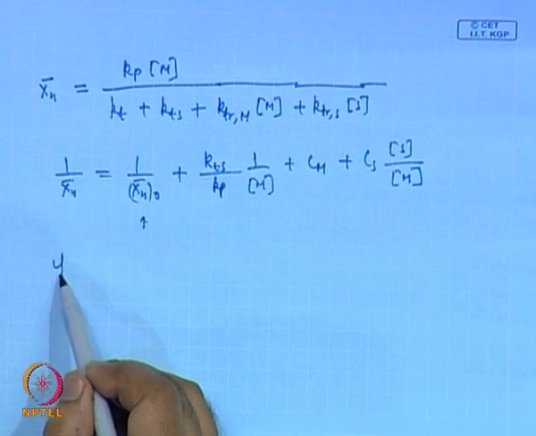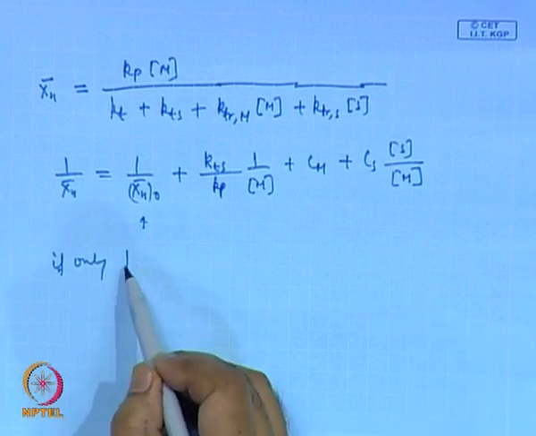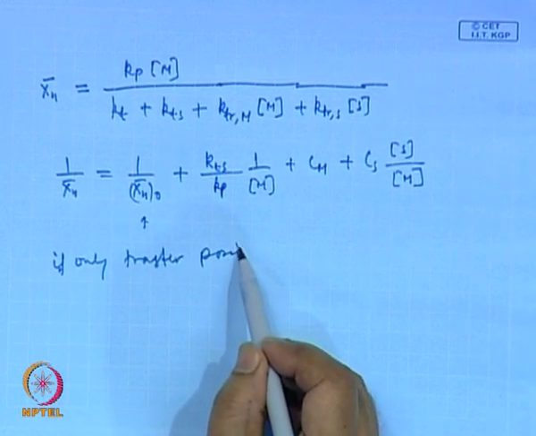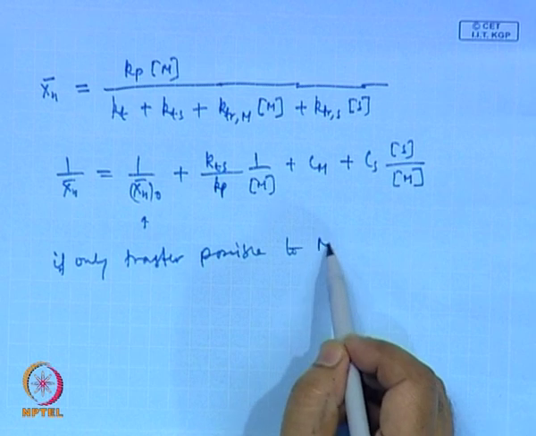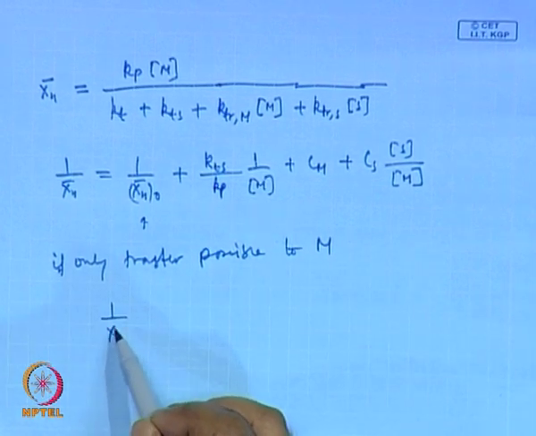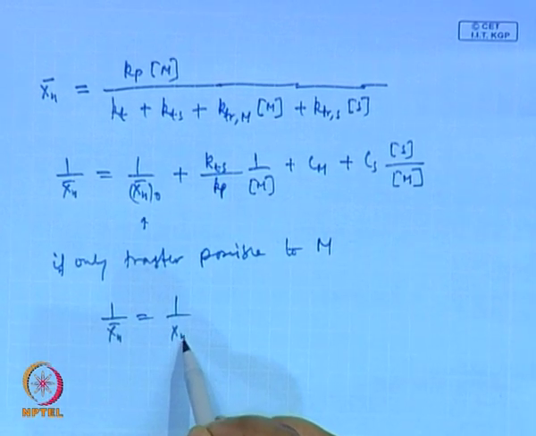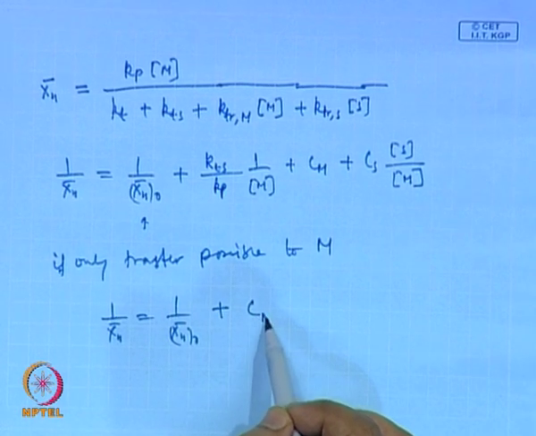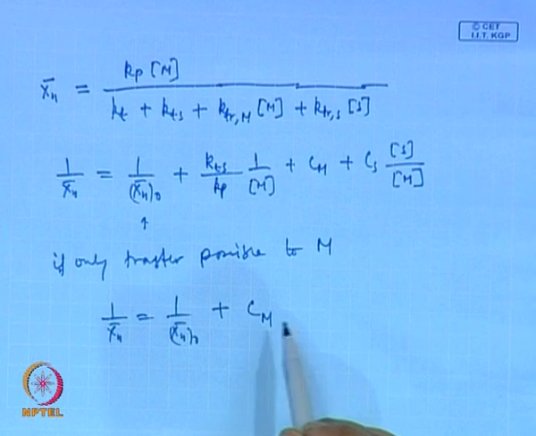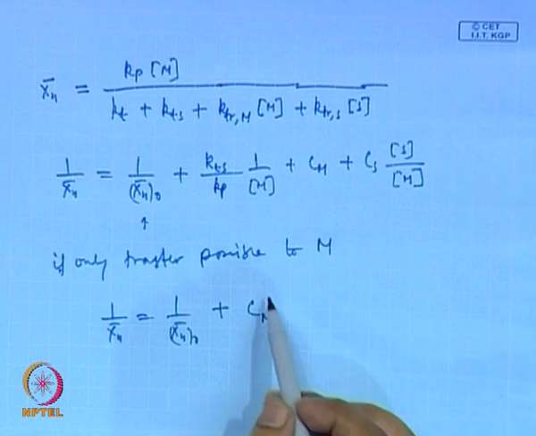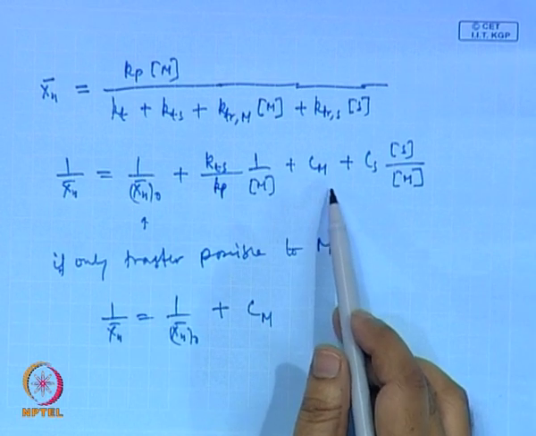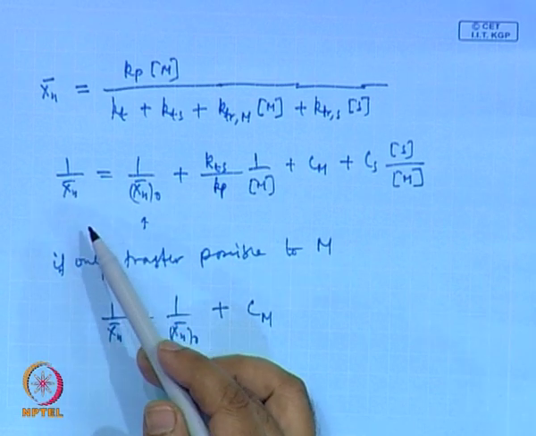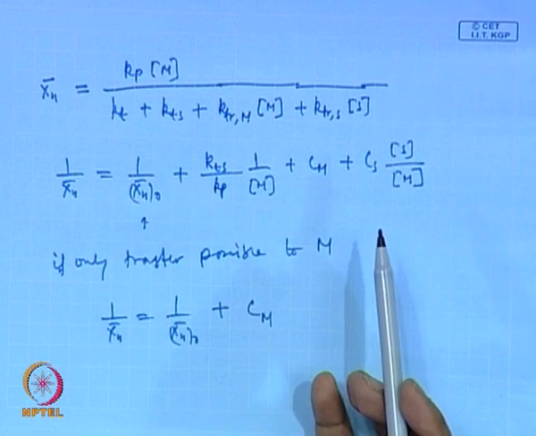So, if transfer is possible only to the monomer, then we can write Xn bar as 1 by Xn bar 0 plus Cm. Okay, so, the more the transfer reactions, obviously the average degree of polymerization comes down.